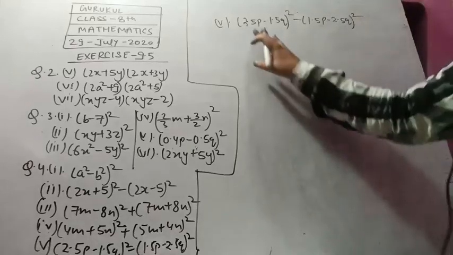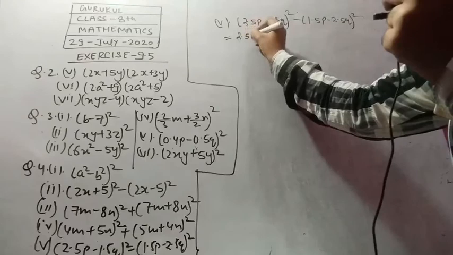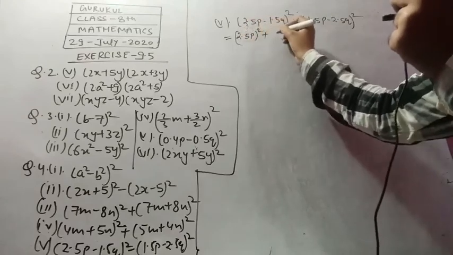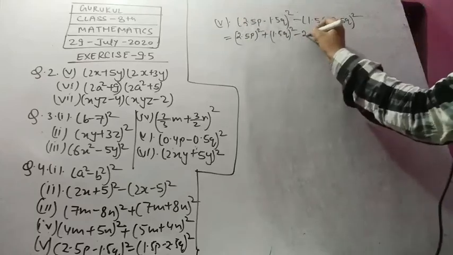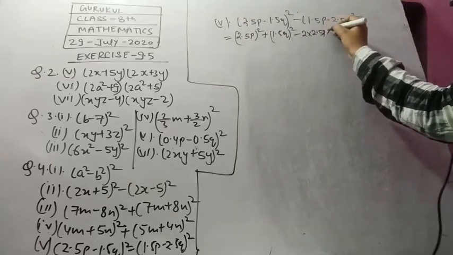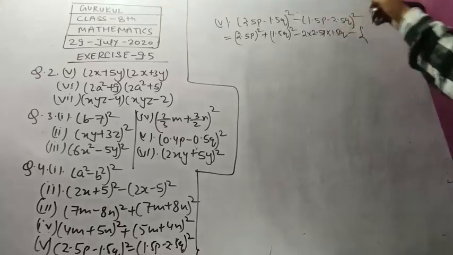So apply the identity (a − b)² here. So a² means first term square plus b² means (1.5q)² minus 2ab. So minus 2 into 2.5p into 1.5q.